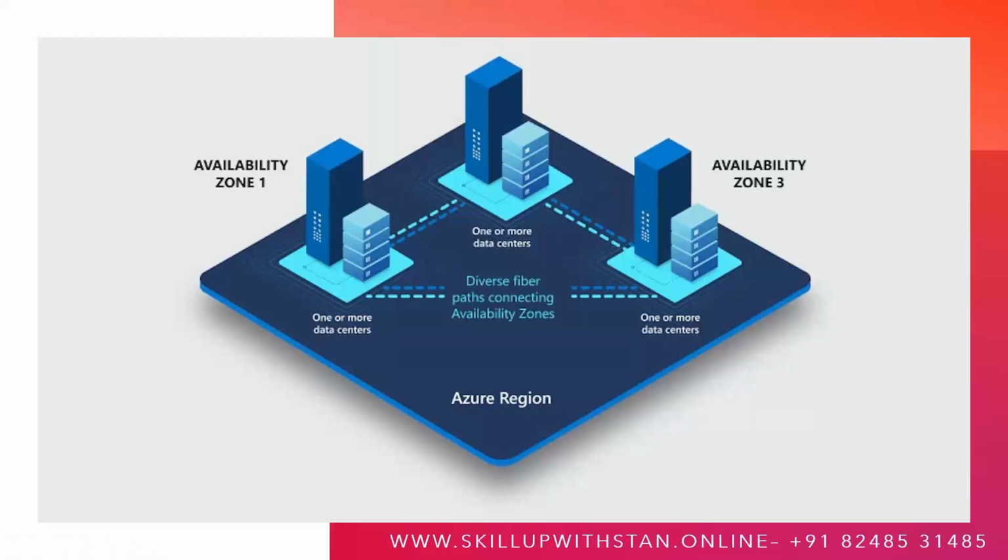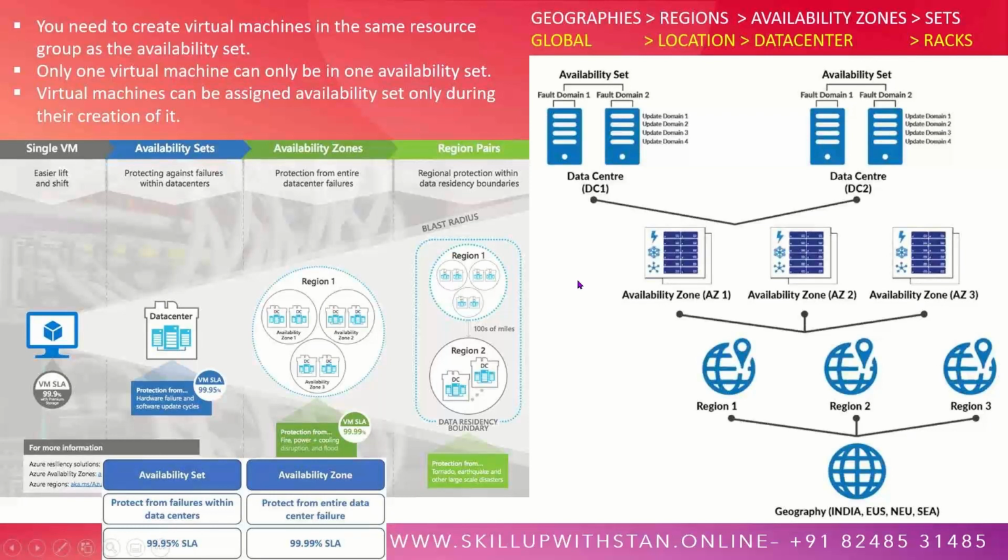Whereas if you place your VMs across different racks in an availability set, you get only 99.95, which itself is a good availability SLA, but you can still better your availability by scattering your virtual machines across different physical data centers. This is what I was conveying a minute back. When you place your virtual machines on different racks, you get 99.95 service level availability. When you have your virtual machines across different physical data centers, you get up to 99.99.